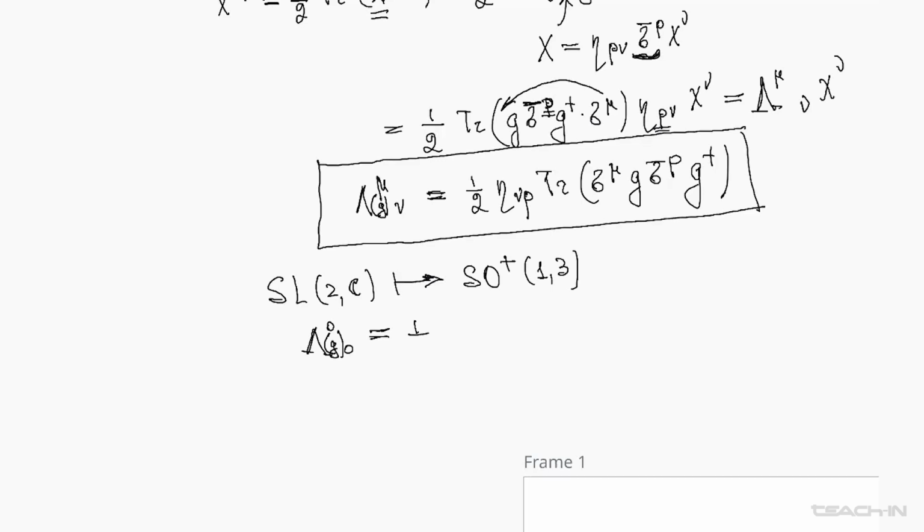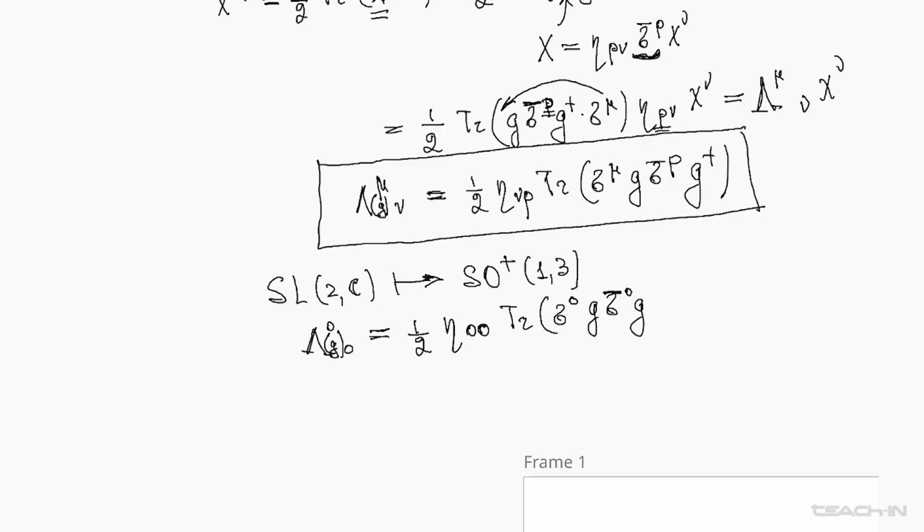But since the metric is diagonal, there will be only one component of rho equal to 0. And therefore here I will have sigma 0 for index mu and also 0 for rho.